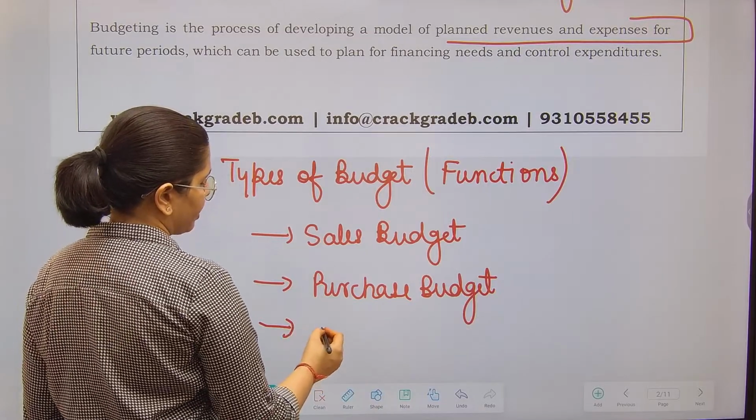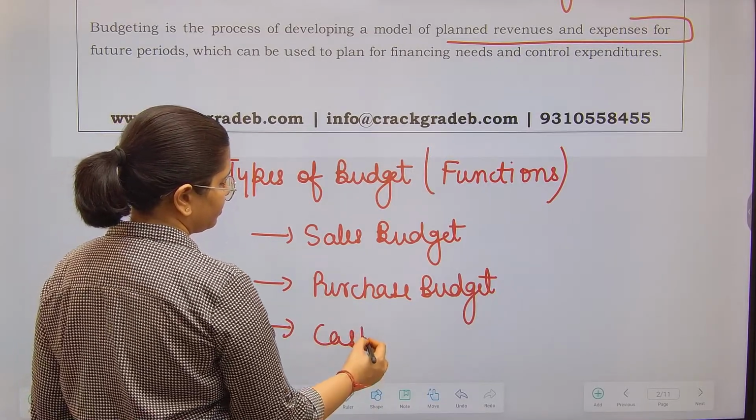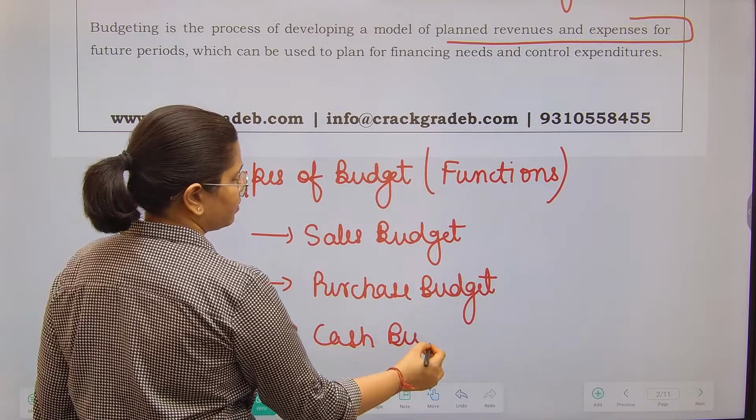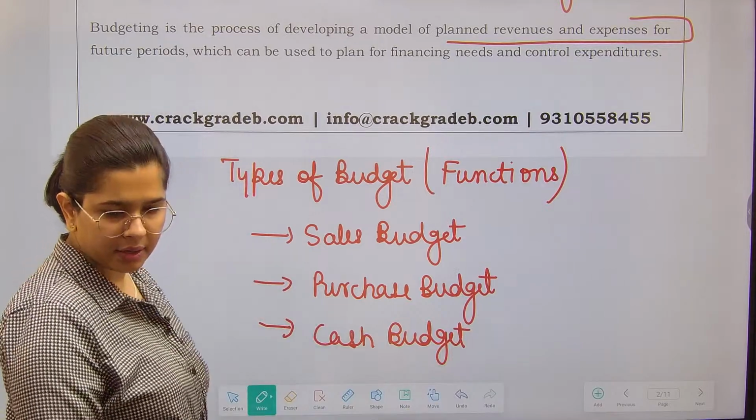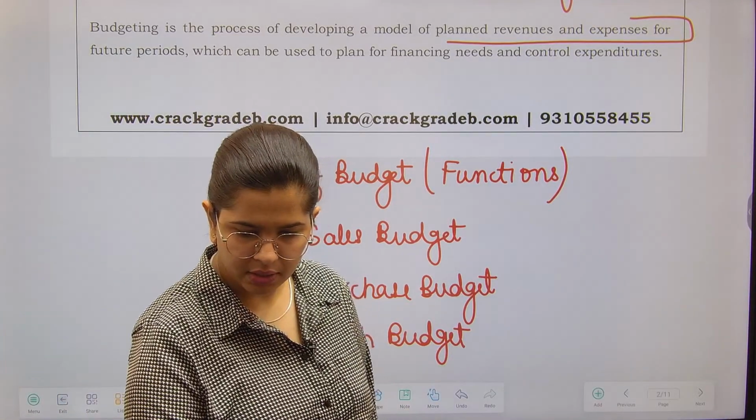Then you are also having cash budget. Right? Just wait for a second.